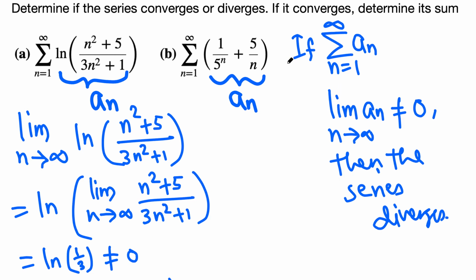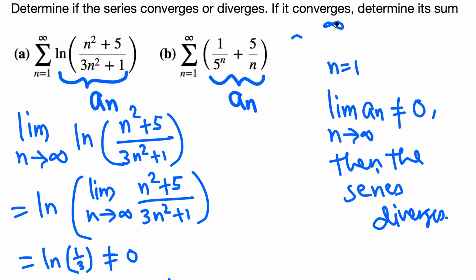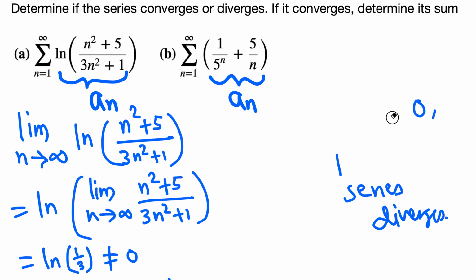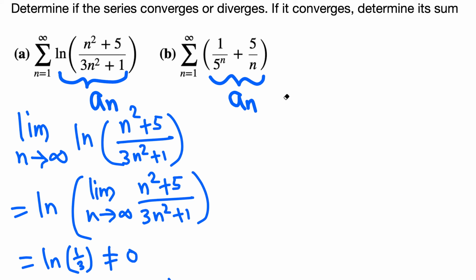Okay, now here if we take the limit, it's going to be 0, but that does not conclude anything. Okay, now if we look closely, this is kind of the sum of the first plus the sum of the second.